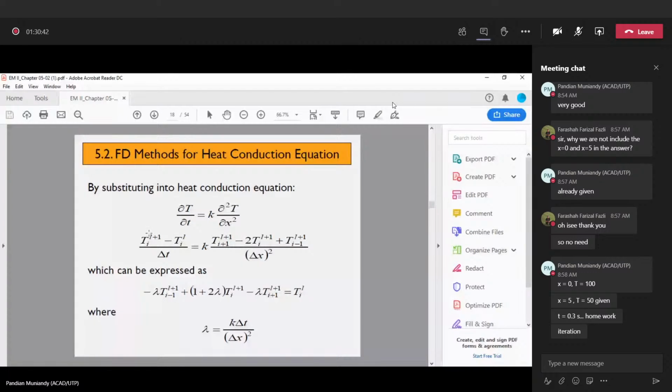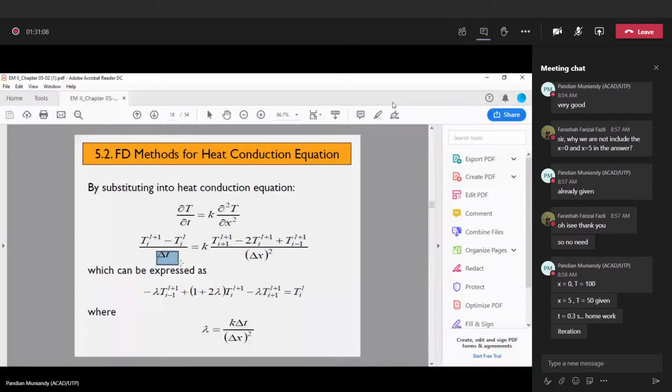In this formula, the del T you can bring to the right hand side. Now you can simplify this. What you do, you rewrite again. So can you simplify this equation now?